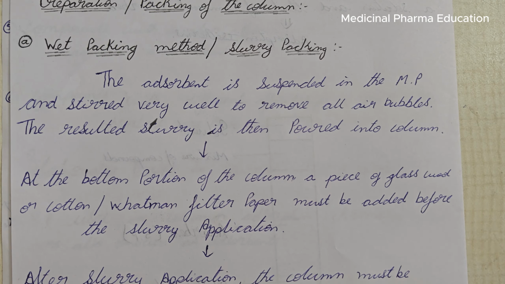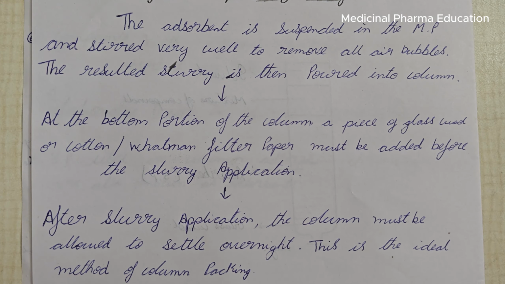Here we are mixing the stationary phase and mobile phase thoroughly to remove the air bubbles, and pouring into the column. At the bottom of the column, a piece of glass wool, cotton or Whatman filter paper must be added before the slurry application. It is the plug which prevents the adsorbent from passing through.